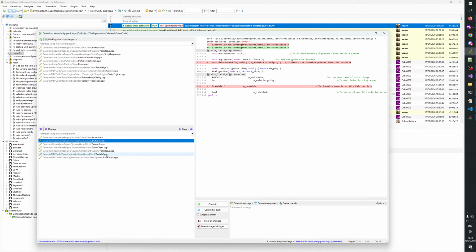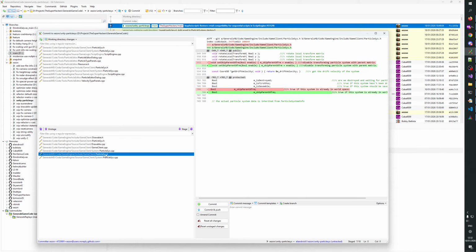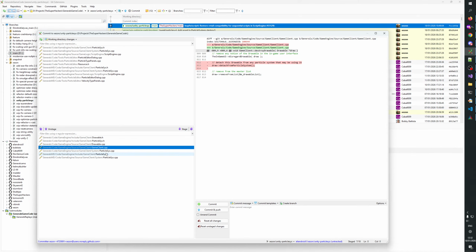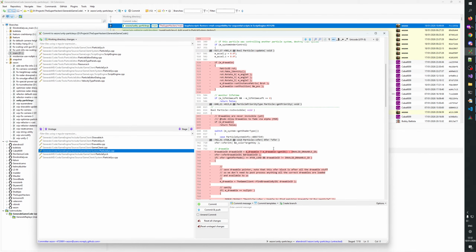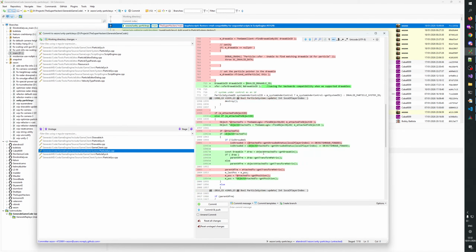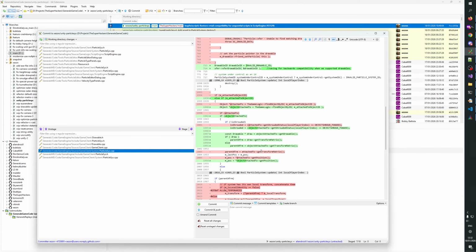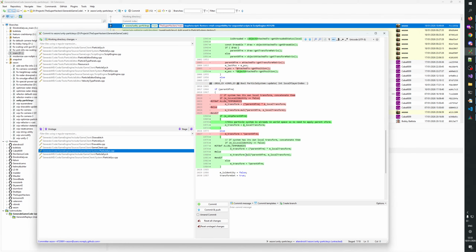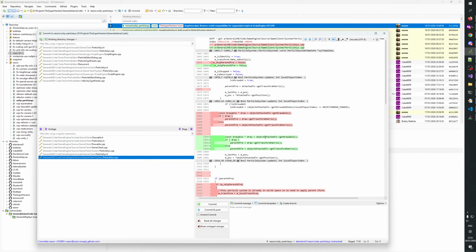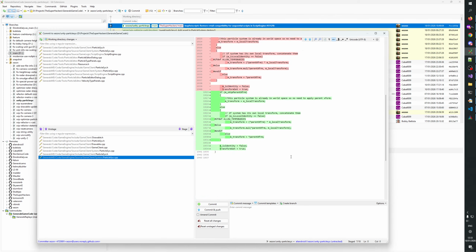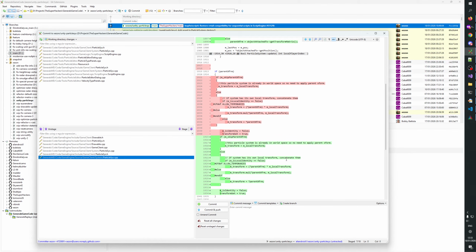ParticleSystem, it removes these two things. And here it does that, okay. Game client, it removes a whole bunch of things here. Attached to object ID. Okay, I think that looks fine.